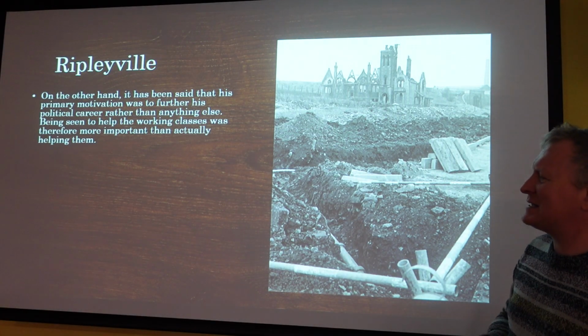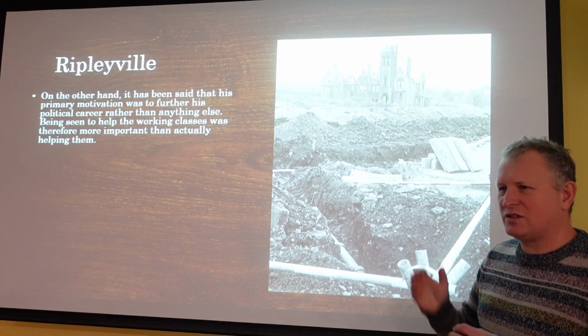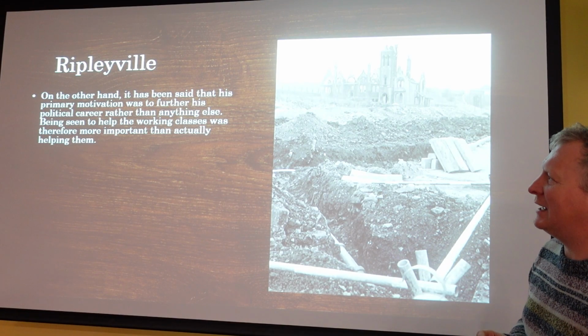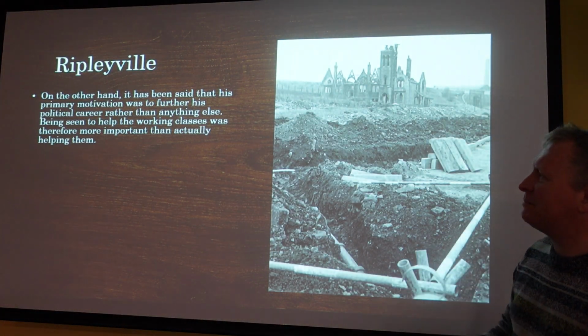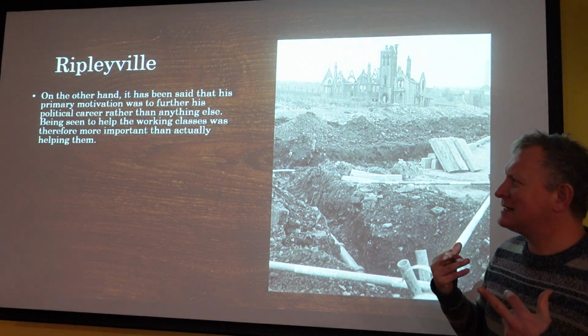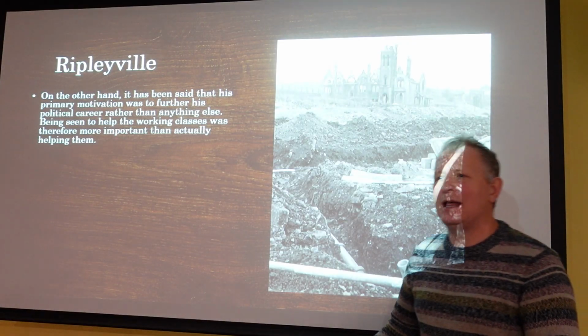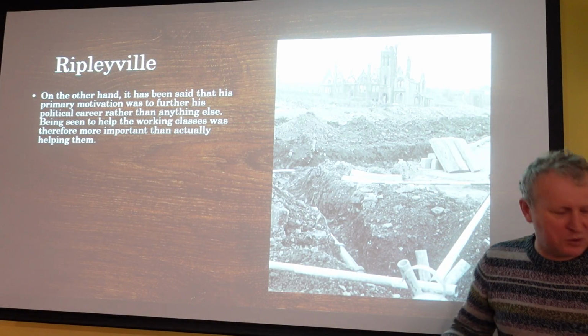On the other hand, it's been said that his primary motivation was his political career, once he got to a certain point within his business career. So building Ripleyville, being seen to help the working classes, was more important than actually helping them. That's a countercharge that often gets put his way.